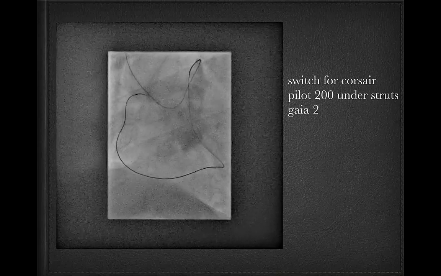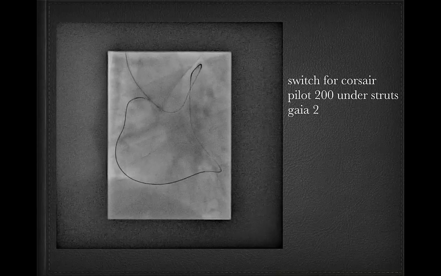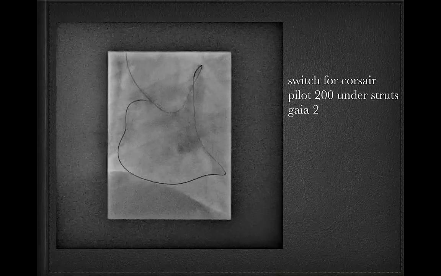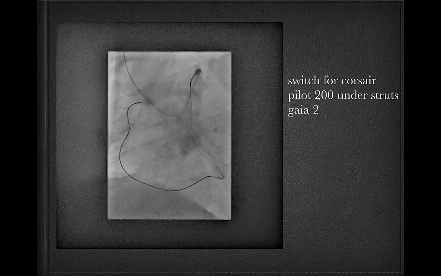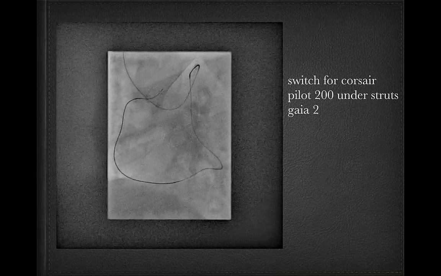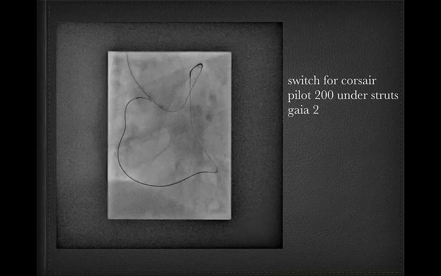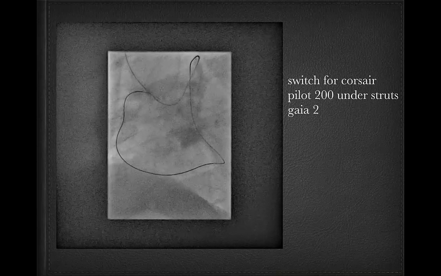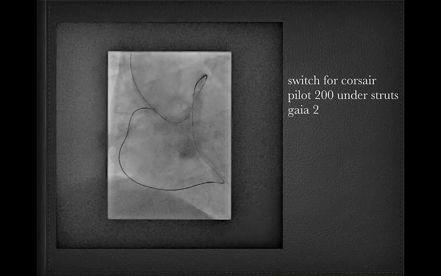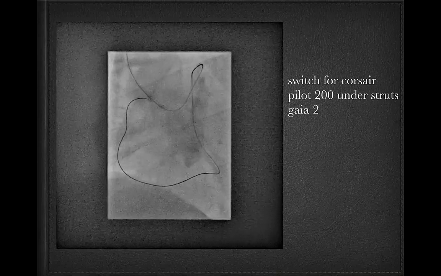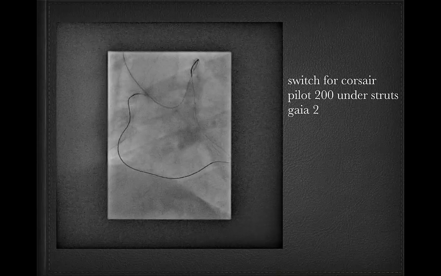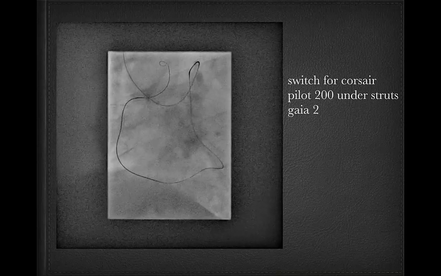There was some difficulty because the Micro 14 was stuck, so I needed to exchange it for a Corsair, and then with the Corsair I could go retrogradely with Gaia Second. It was very easy to advance the Gaia Second until this point, near the ostium, and it was very hard to get outside.